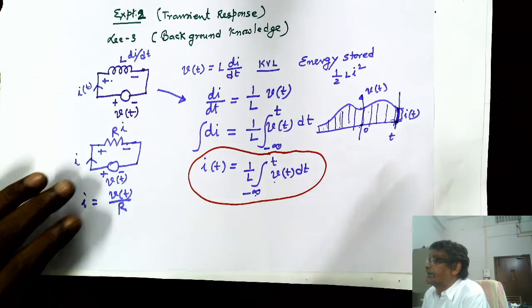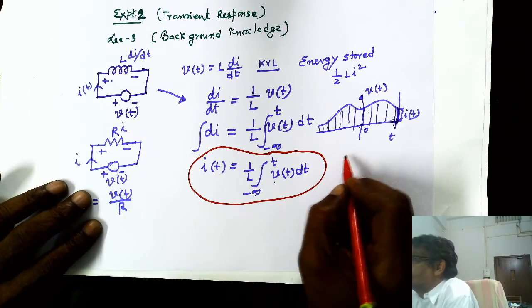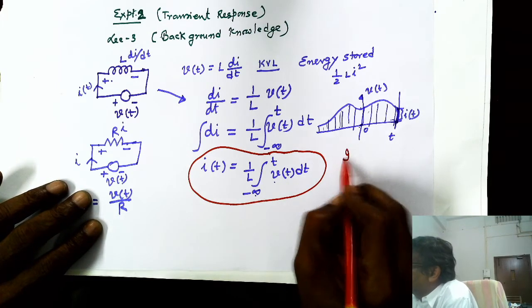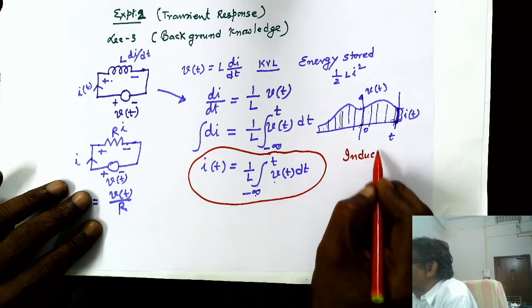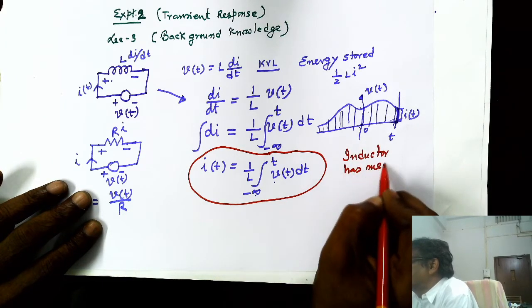Present value of the current depends not only on the present value of the voltage, but also on the previous values of the voltage. So inductor is a memory element. Inductor has memory, unlike resistance.